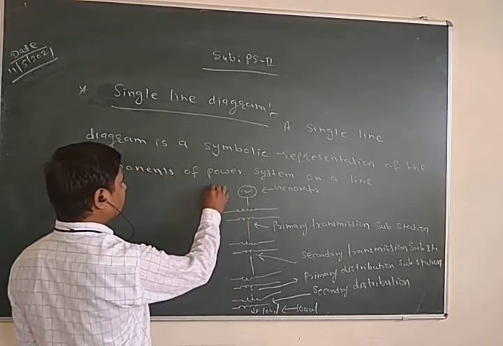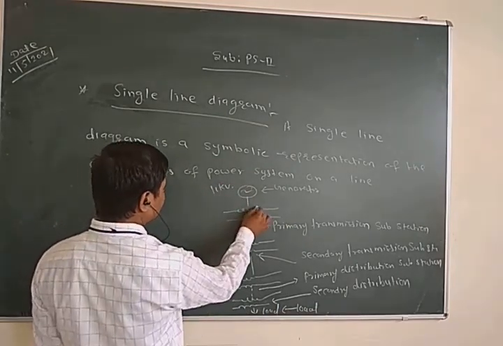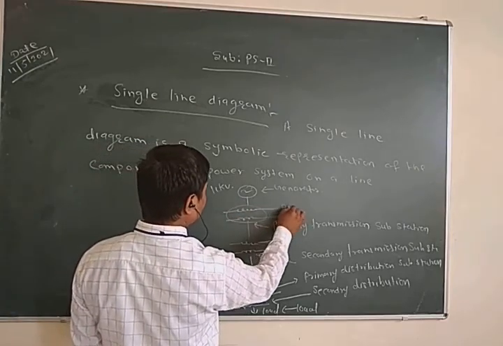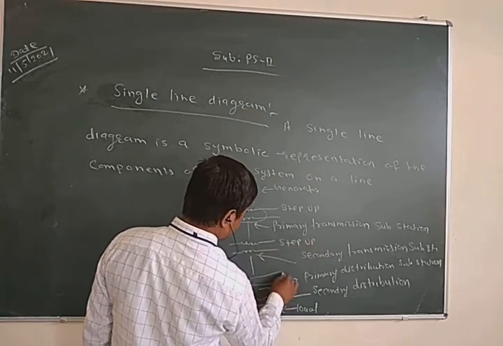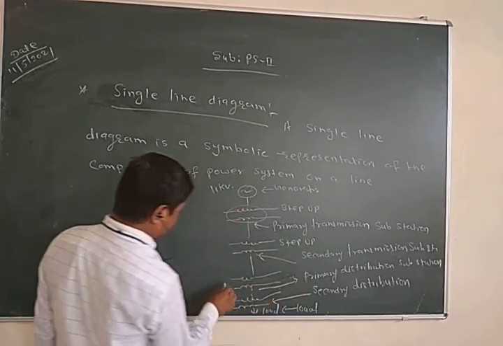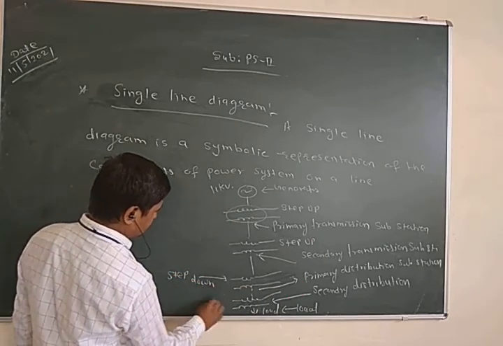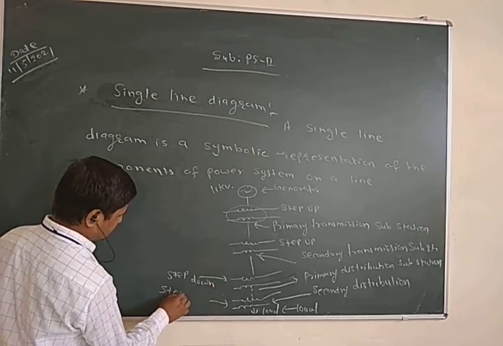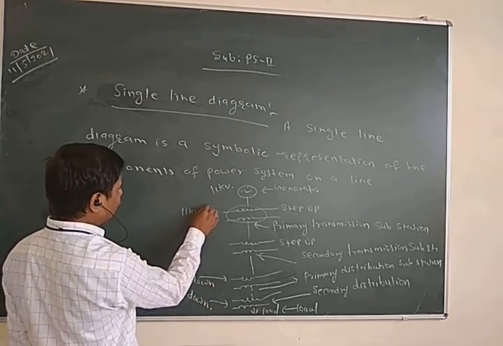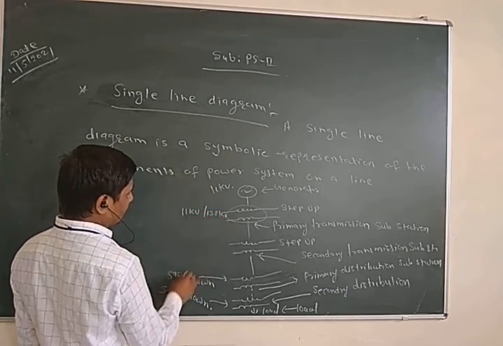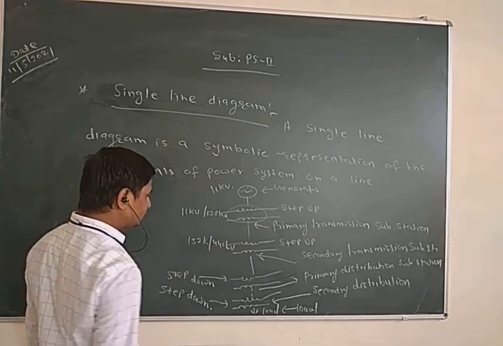The generator generates power at 11 kV. Then at the primary station we use a step up transformer, so 11 kV up to 132 kV and 132 kV up to 440 kV.